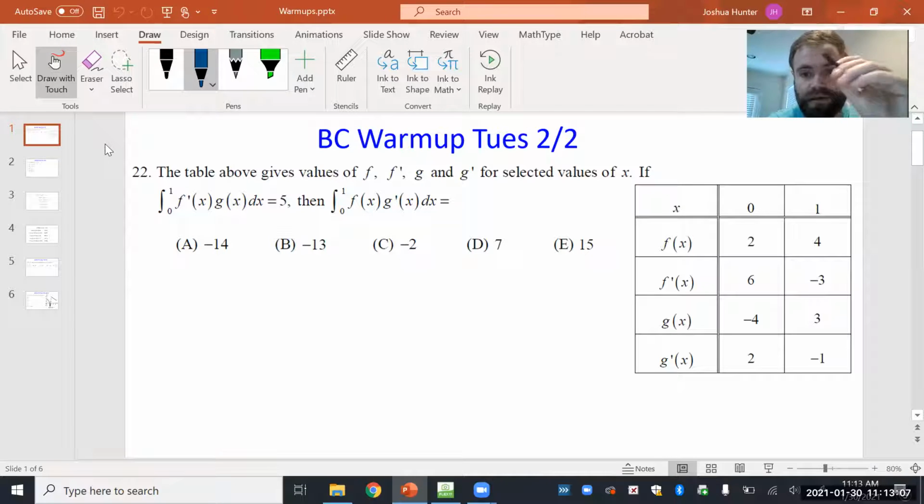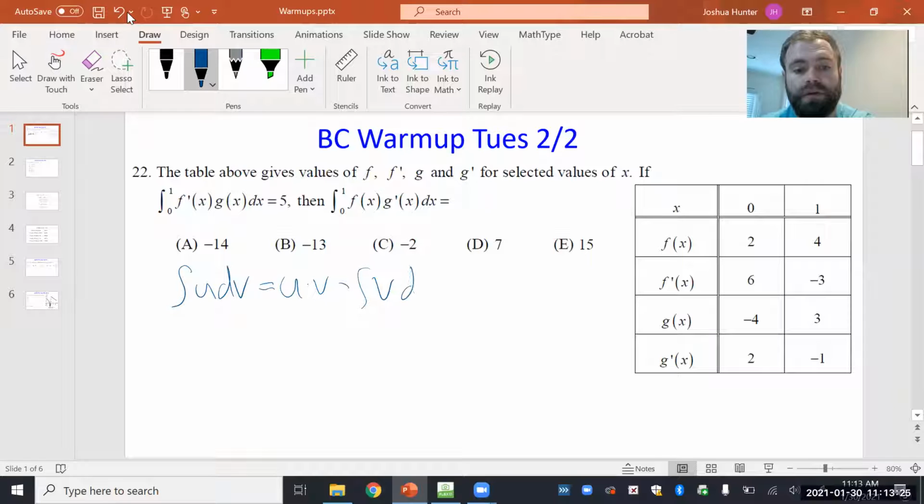As a reminder, integration by parts is the integral of u dv equals u times v minus the integral of v du.